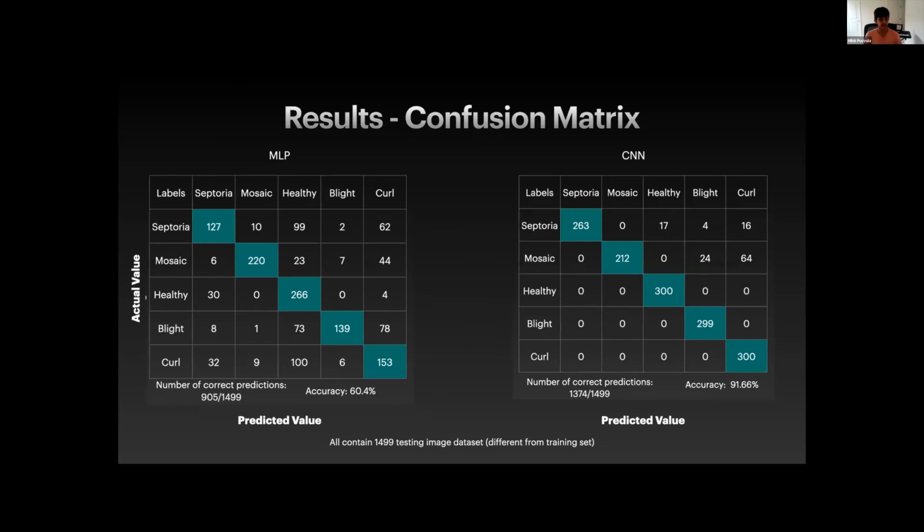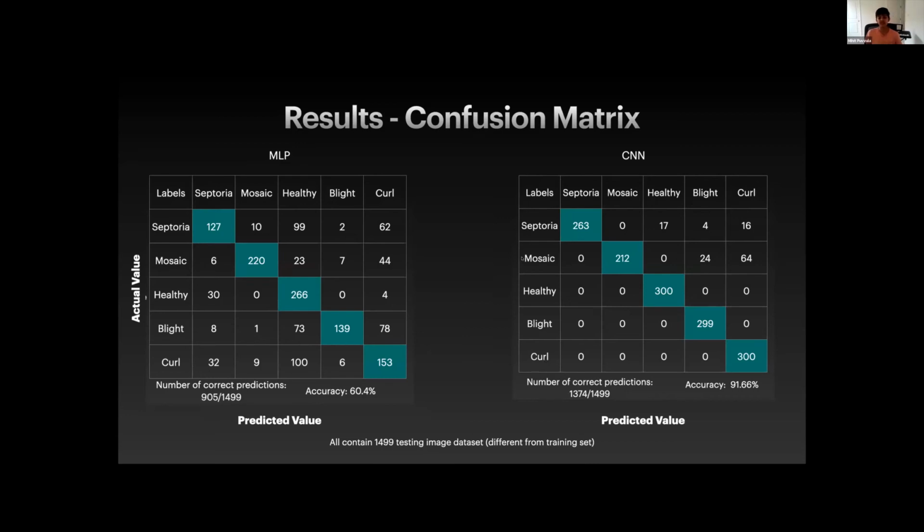Now, in my results, we talked about how the MLP had 60%, but my CNN had a well-performed 91% accuracy over my 1500 image training set. Over here in my confusion matrix, we see that the mosaic, the healthy leaves, blight, and curl disease were not miscalculated at all and were all predicted correctly.